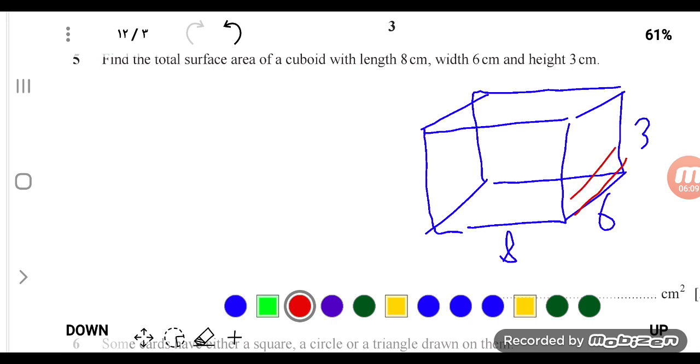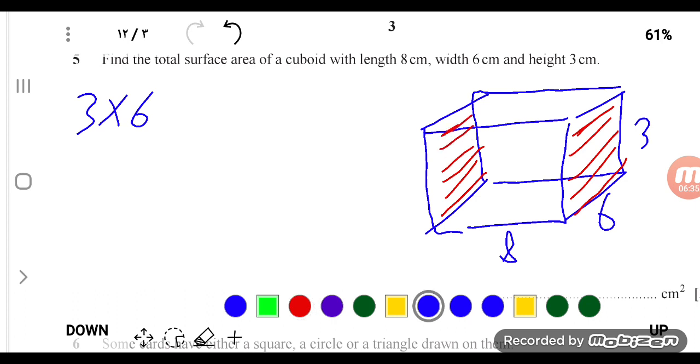Let's start with this face here, a rectangle, which is 3 times 6. So let's multiply 3 times 6. But because we have another one which is exactly the same here, I have to multiply 3 times 6 times 2. So times 2, plus.